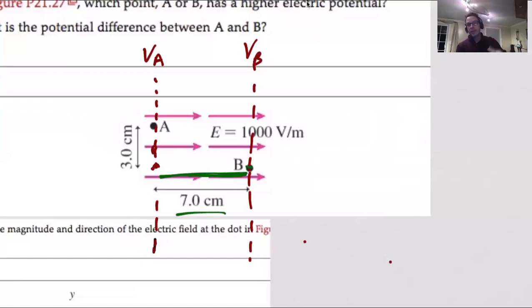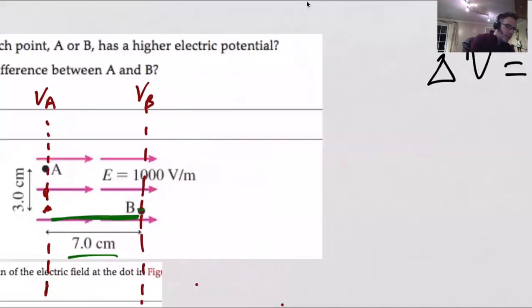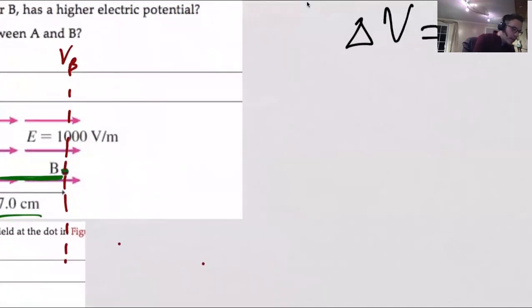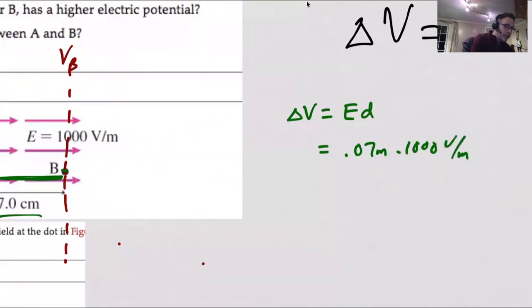So we have an electric field, we have the separation distance, therefore we can use this to find delta V is E times D, which is going to be our 7 centimeters, bad unit, 0.07 meters, times our 1,000 volts per meter, and then we have this come out to be nothing more than 70 volts.